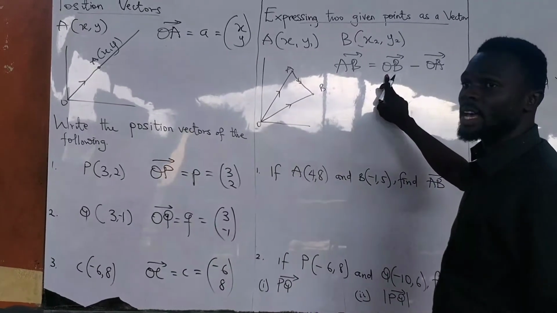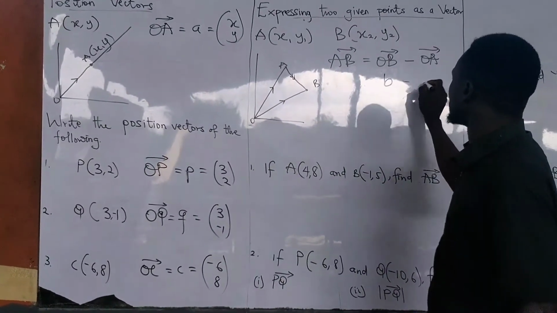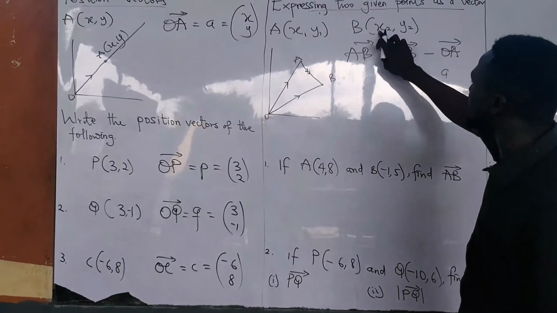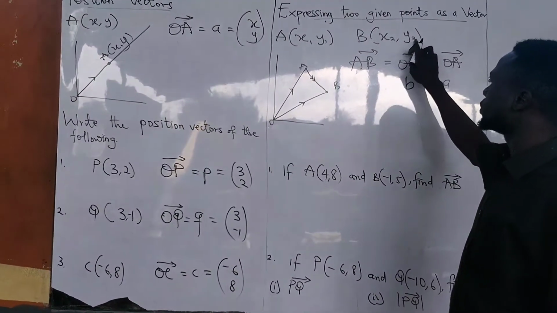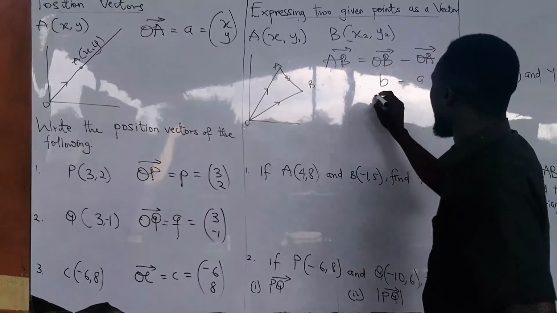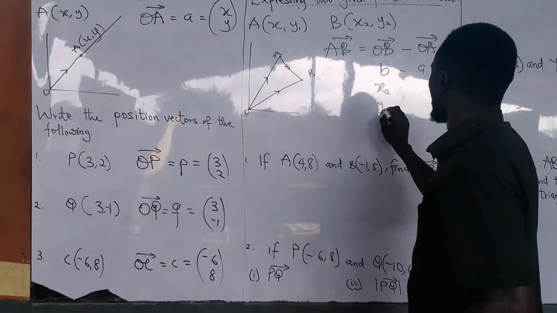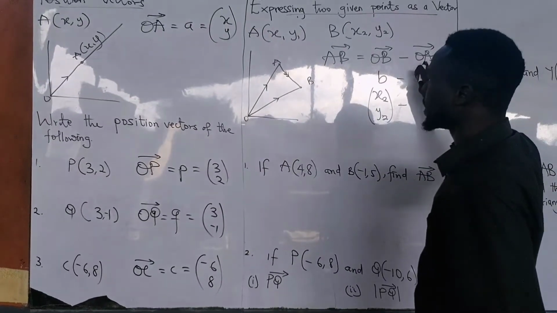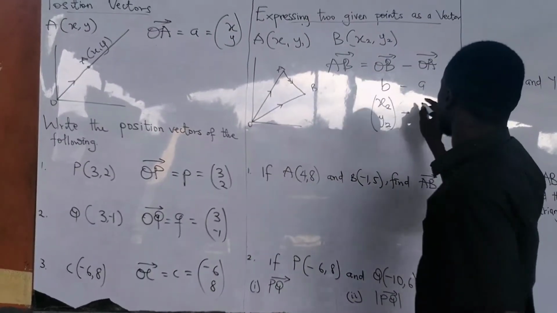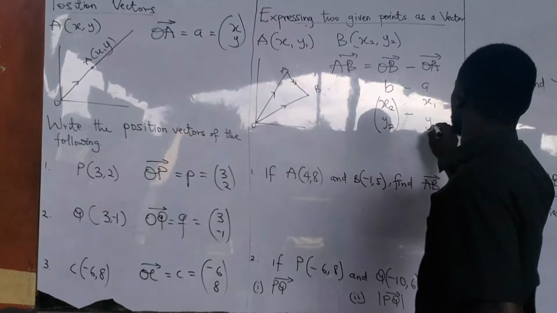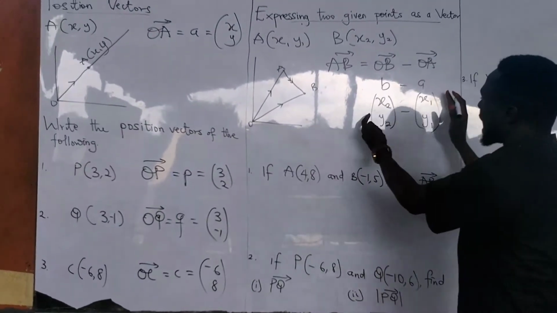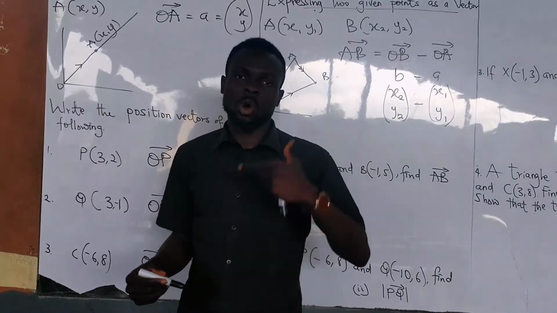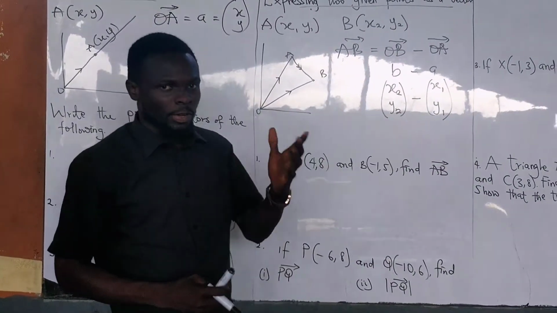So this being a vector, we can say B minus A. So the point x2, y2 can now be written as x2, y2 in a vector form minus A, which is the vector OA, as x1, y1.